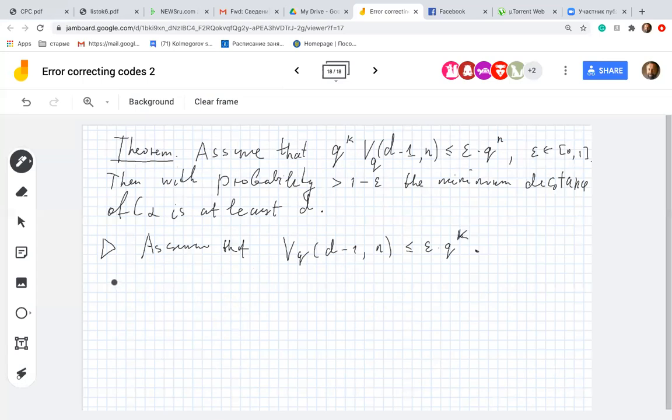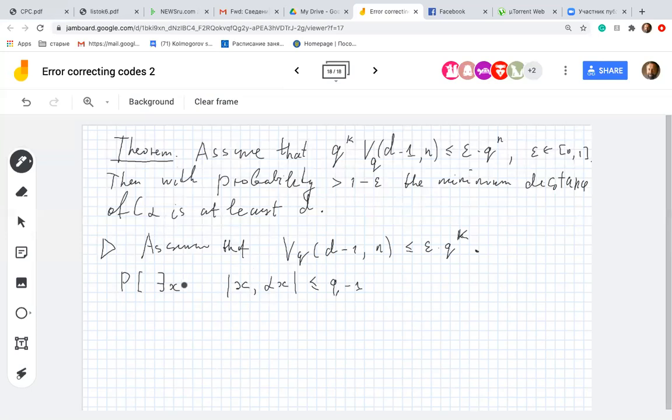Then we need to estimate the probability of the bad event. So what means a bad event? A bad event is that there is x such that some code word x, alpha x has bad small Hamming weight, at most d minus 1, and that word is non-zero. But what means that it is non-zero?